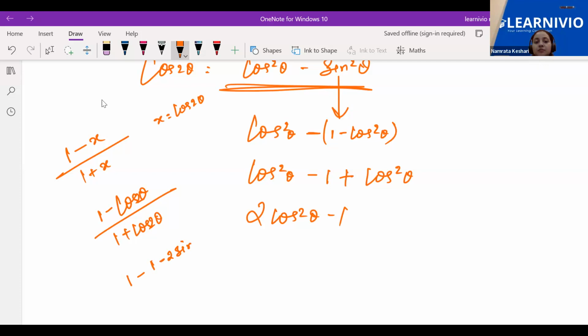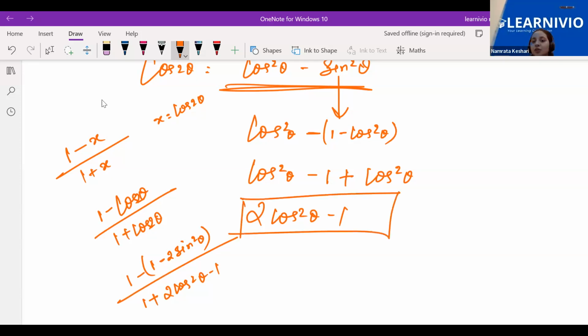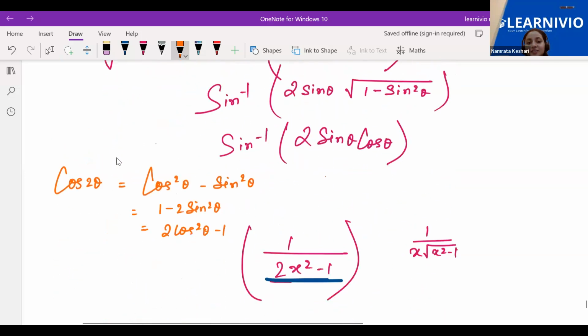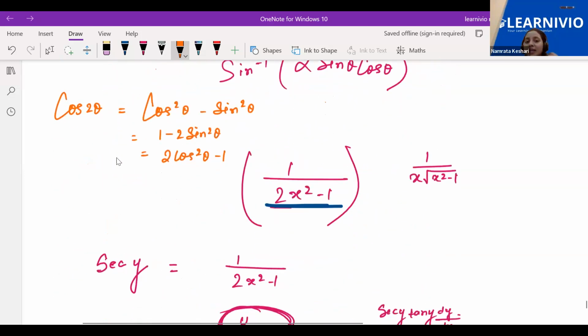And then in the denominator, we used the cos formula, that is 2 cos square theta minus 1. Yes or no? So this formula exists or not? Yeah, I just remembered this formula. So if this formula exists, then why are we doing that much hassle?